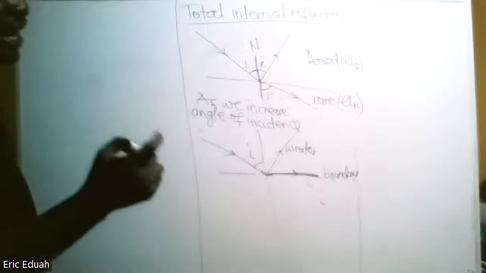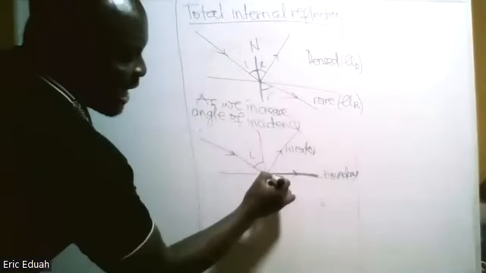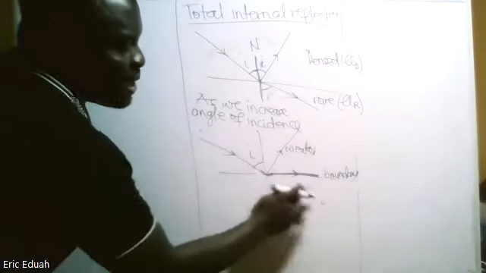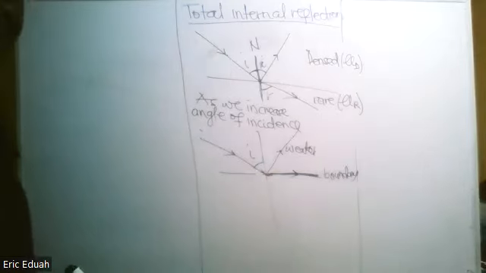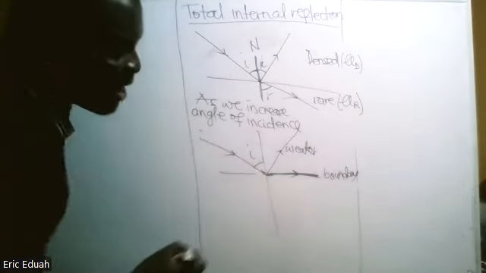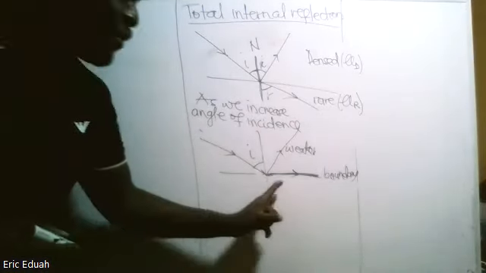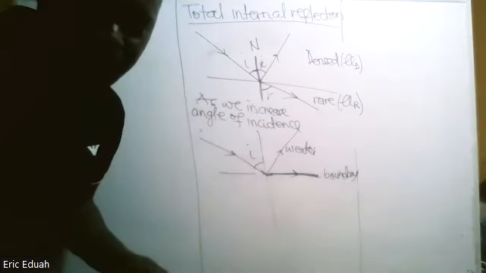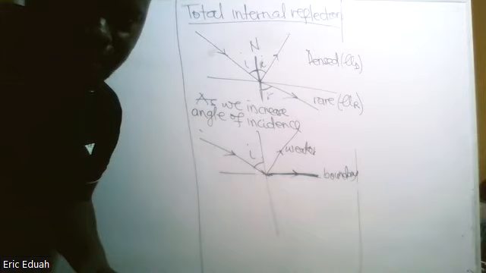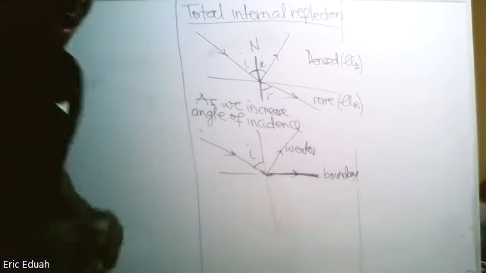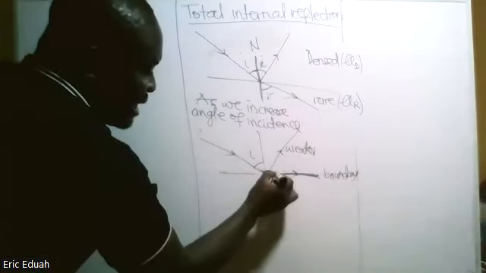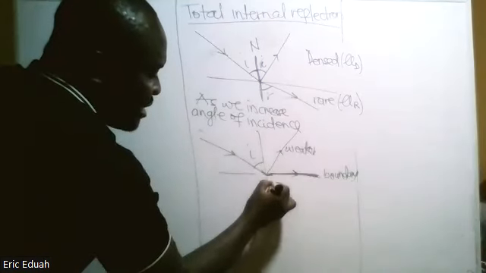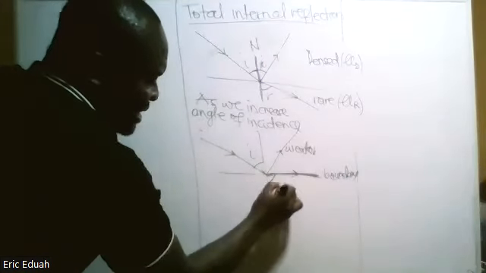If the refracted ray lies on the boundary, then what will be the angle of refraction? 90 degrees. So the angle of refraction would be 90.